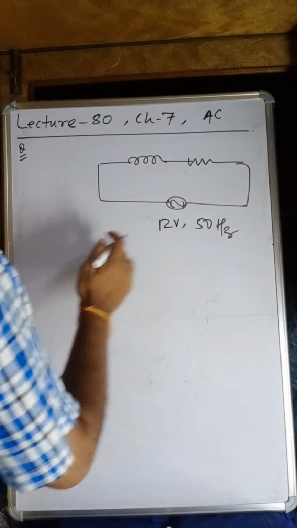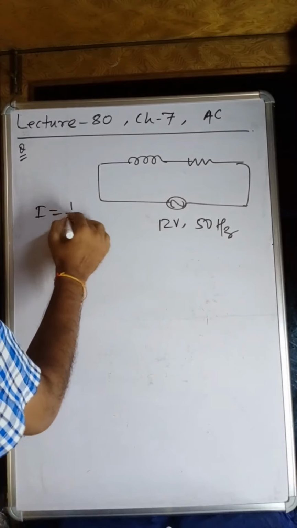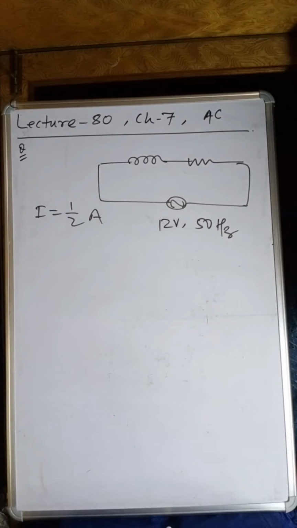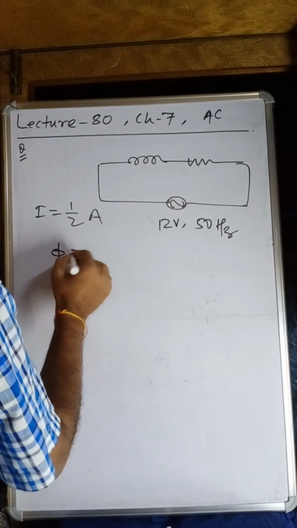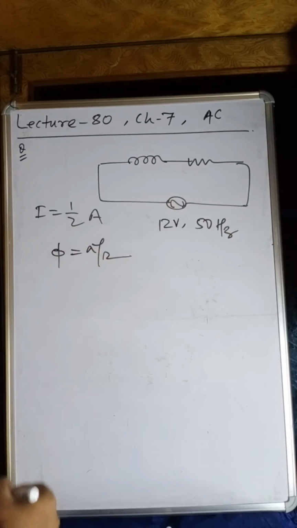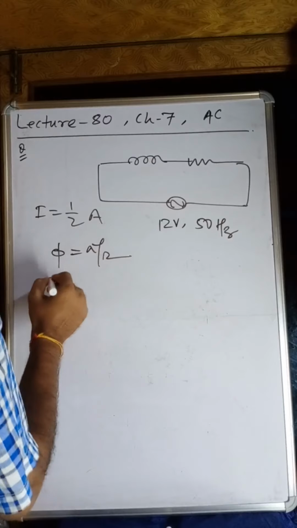If the current in the circuit was found as half ampere, and the current differs in phase with the voltage by pi by 3. Sorry, pi by 3.